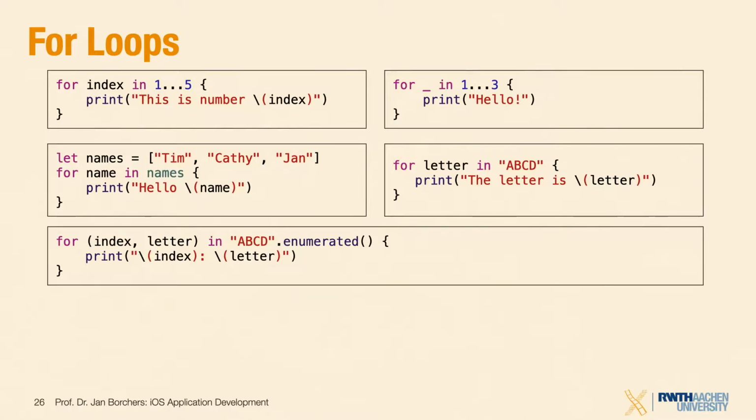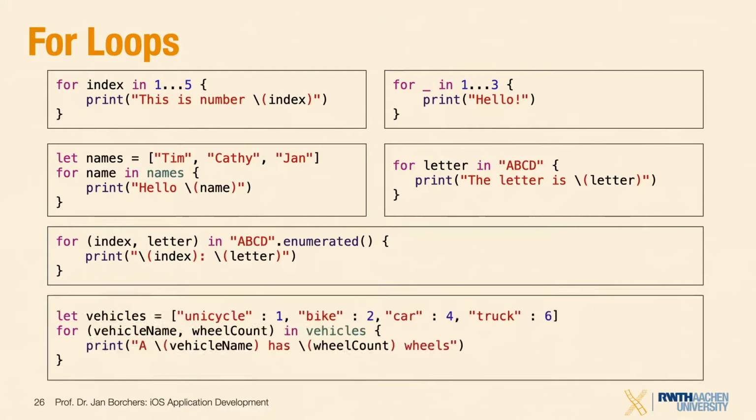So we now have the index and the letter, and as you can see, we can use this tuple of index and letter as the actual loop variable, if you want to call it that, right? That's a pretty advanced way of using it, but it's a nice way of showing that we can pull these things out of a string, turn a string basically into key value pairs, if you like, index and letter, and that gives you a way to access these things in an elegant way.